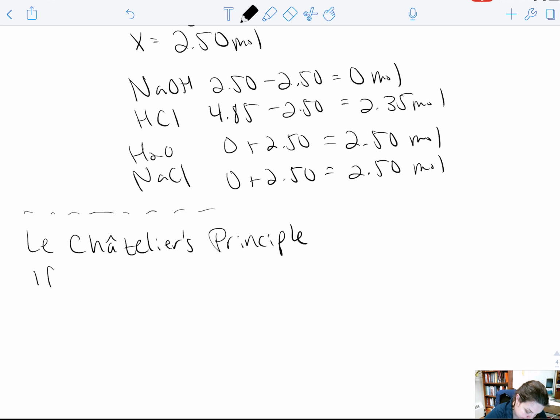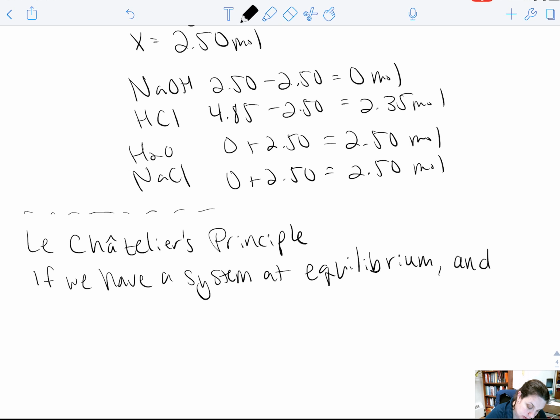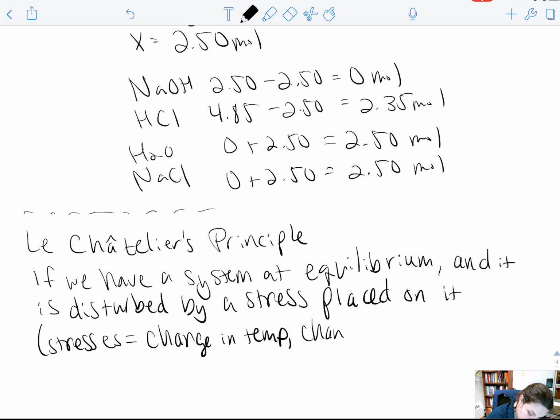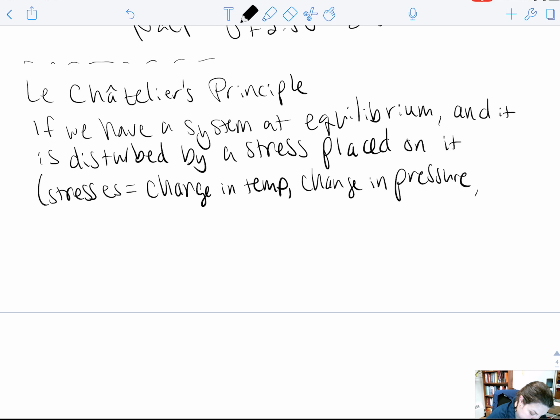If we have a system at equilibrium, and it is disturbed by a stress placed on it, our stresses include change in temp, change in pressure, change in component concentration.